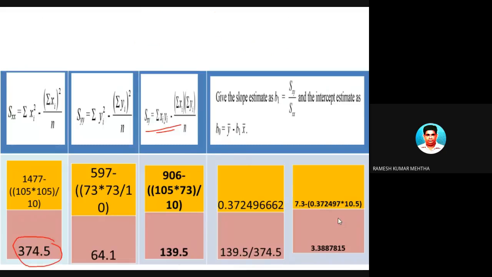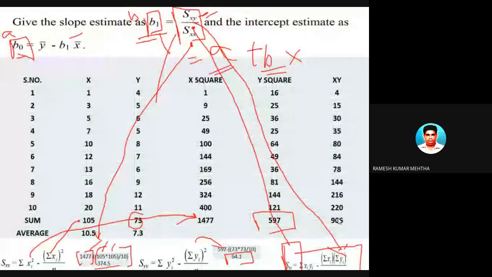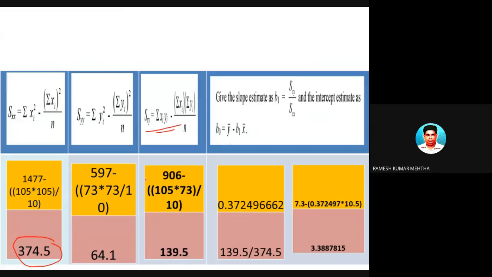This is 906. You remember sum of xy. Sum of xy minus sum of x into sum of y by 10. You will get this figure.